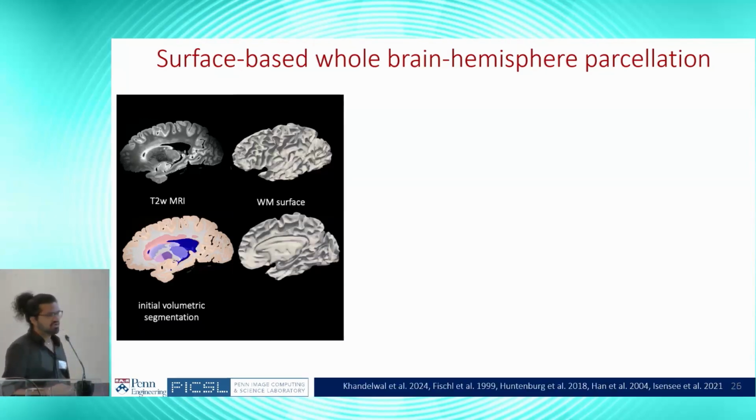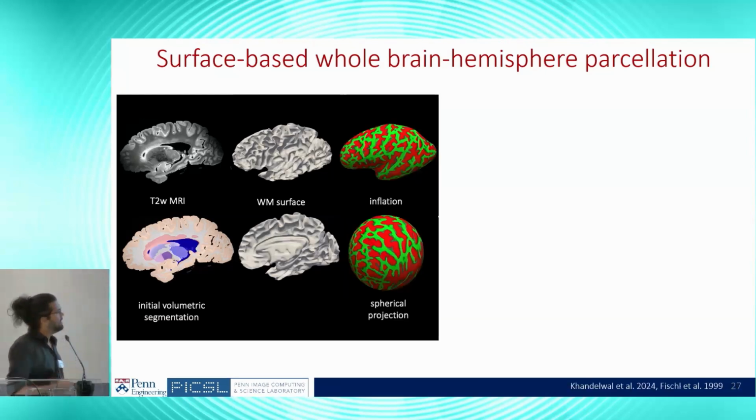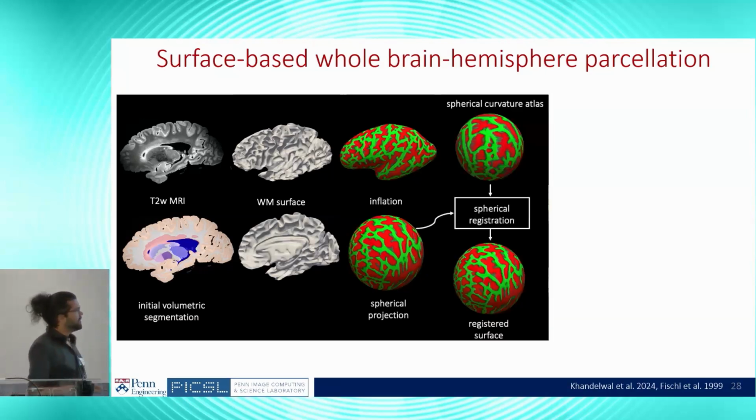So we take that initial volumetric segmentation, get the white matter mask from there, tessellate the surface, do topological correction, inflate it, do a spherical projection, bring in the template, and then do spherical registration based on the spherical curvature atlas.